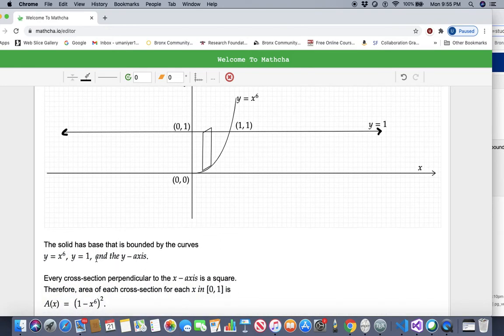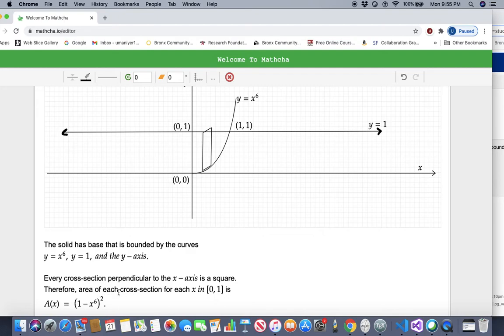What does that say? The solid has a base that is bound by the curves y equals x to the 6, y equals 1, and the y-axis. So that's your base. Every cross-section perpendicular to the x-axis is a square.